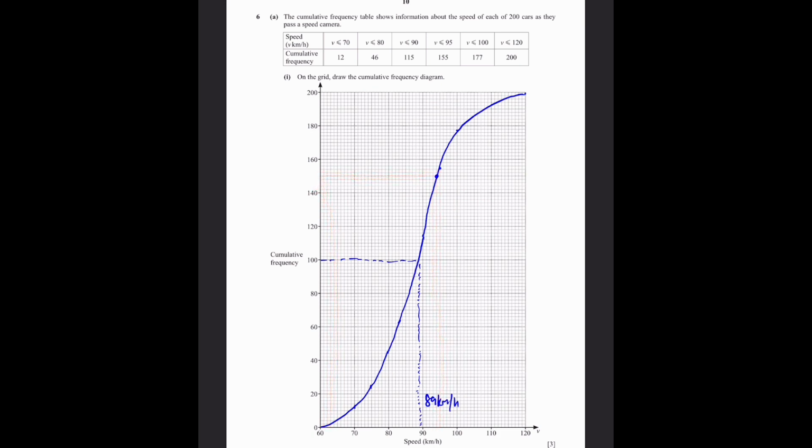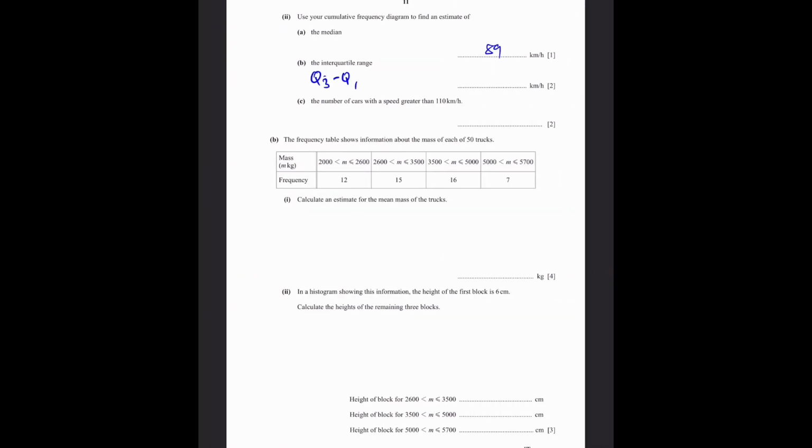So this is 94 kilometers per hour, and that's Q3. Now for quartile 1, that will be 50 as cumulative frequency, and that'll land us at 81 kilometers an hour. So we can mark this point, 81 kilometers per hour. And now we can subtract Q3 minus Q1, 94 minus 81, which is equal to 13 kilometers per hour.